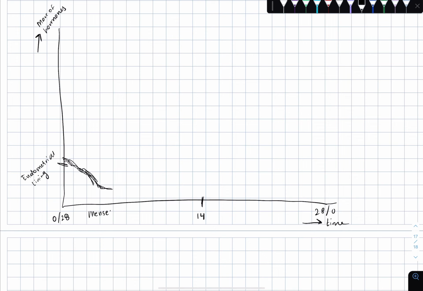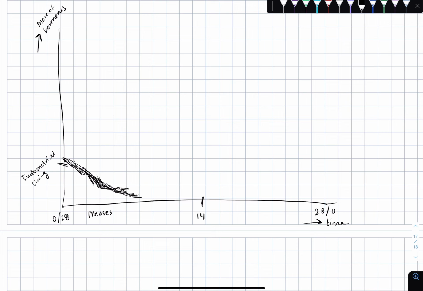So this is the menses, and they will be shedding their endometrial lining. That shedding and ripping of the endometrial lining is what causes so many cramps and pain during the menses. So that's what's happening there.